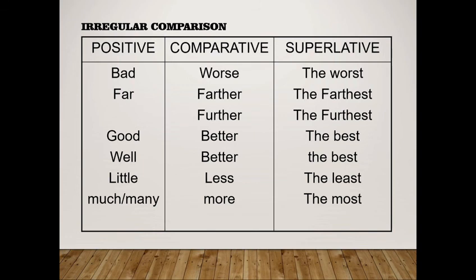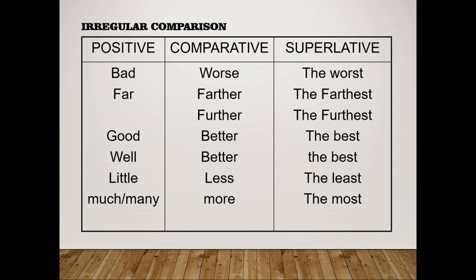Good is an adjective and well is an adverb. Okay. Bad, that is an adjective and one syllable. We cannot say badder or baddest. No, we can't say it. But in comparative, you must say worse, and in superlative, we must say the worst.